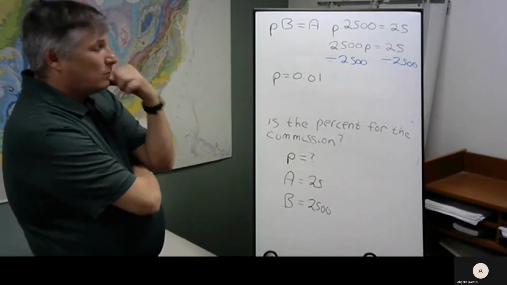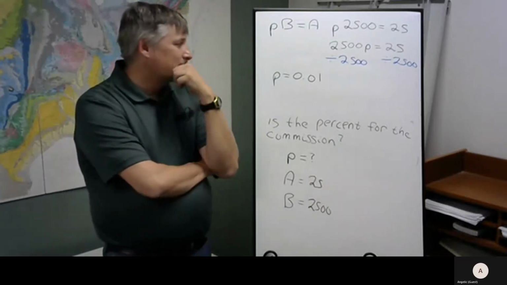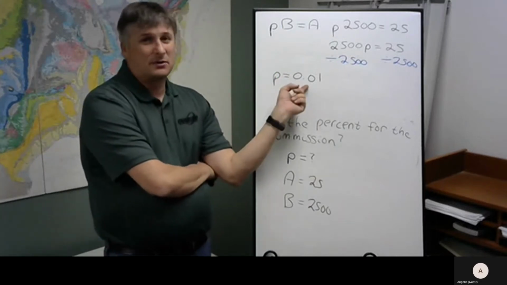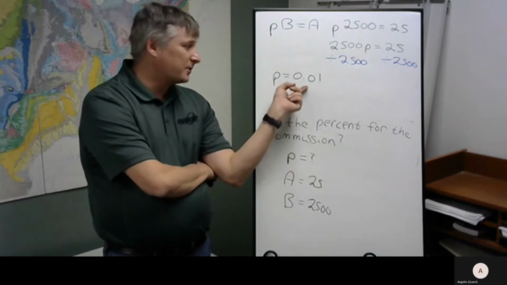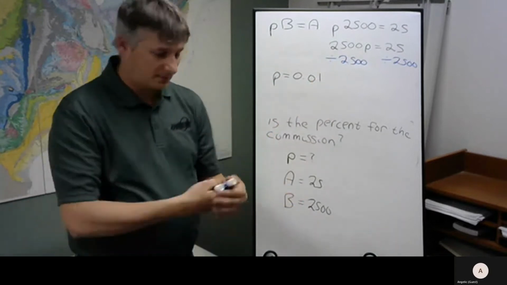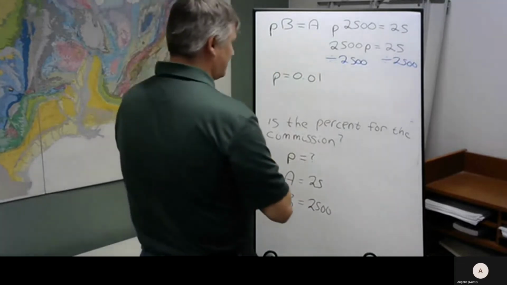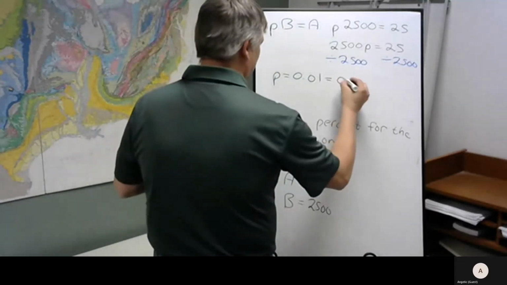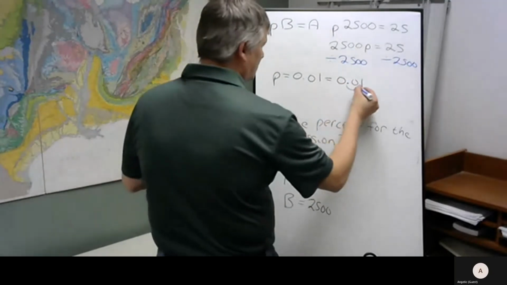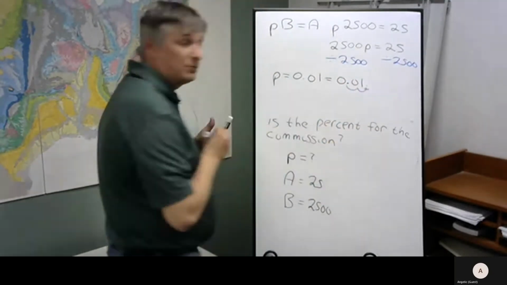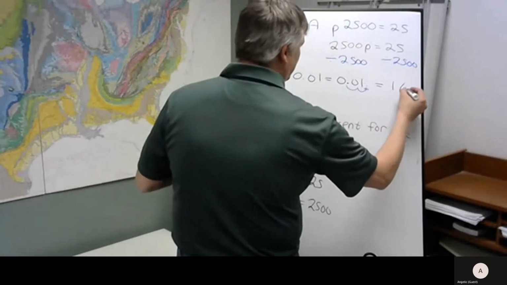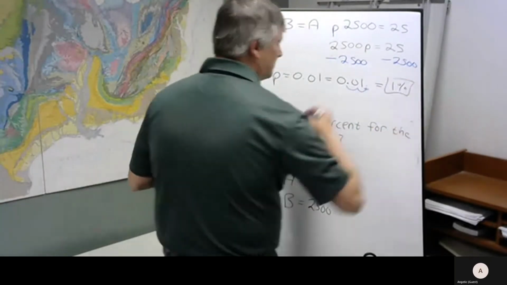Now, we want to be careful here. This is percent as a decimal. So we've got to convert it into a proper percent, a capital P. So what will happen, we'll move our decimal point 2 spots, and we'll get 1%.